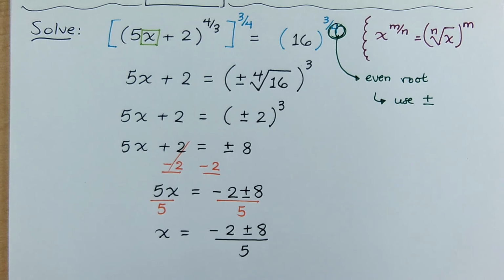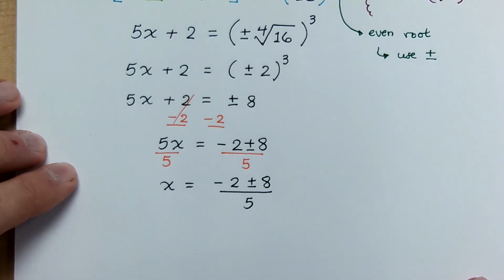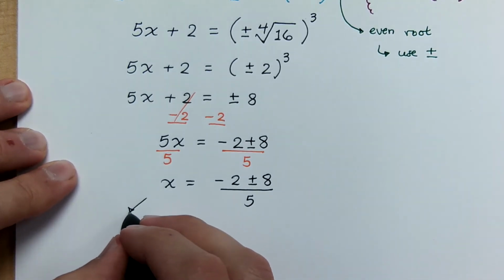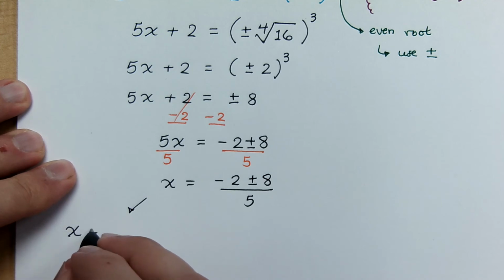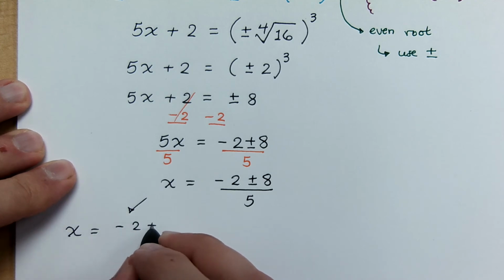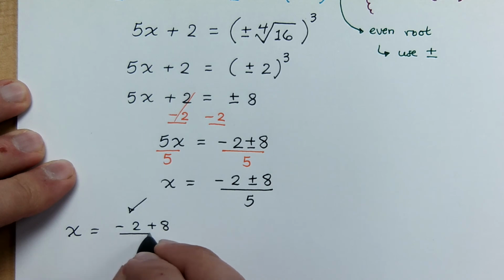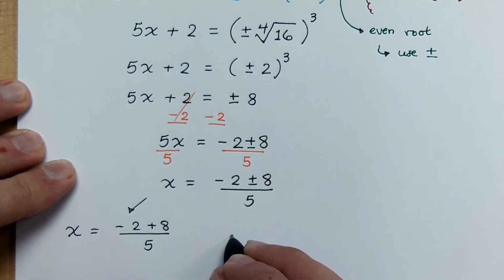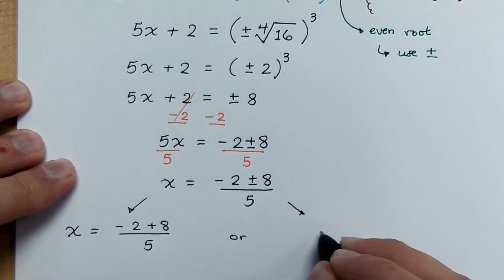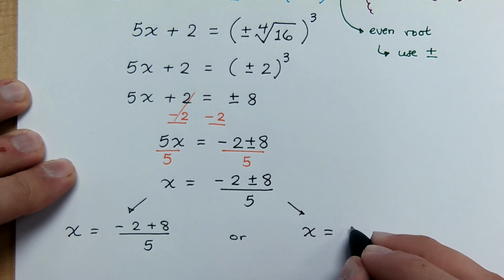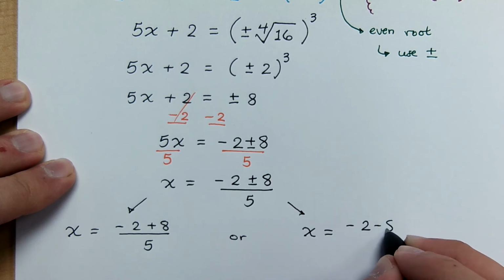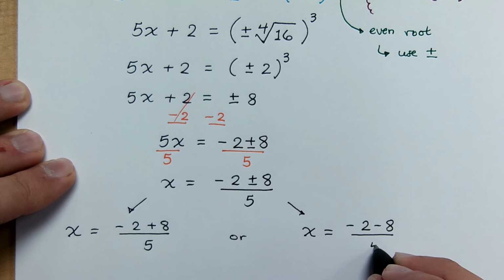But since we don't have that, we're going to take this and separate it into our two answers. So one of these guys with the plus, so negative 2 plus 8 divided by 5. And then the other solution, x equals negative 2 minus 8 divided by 5.